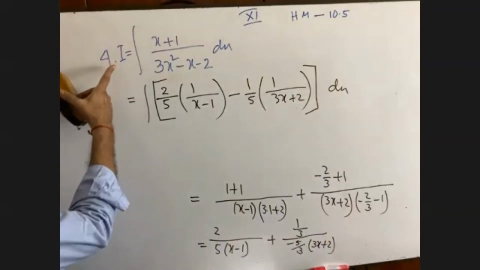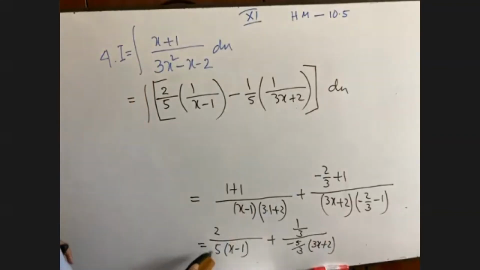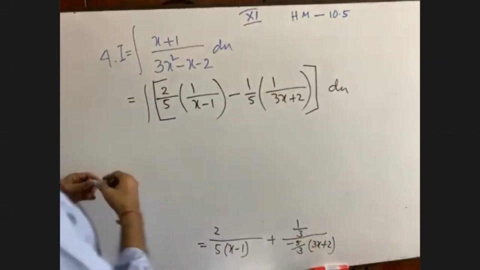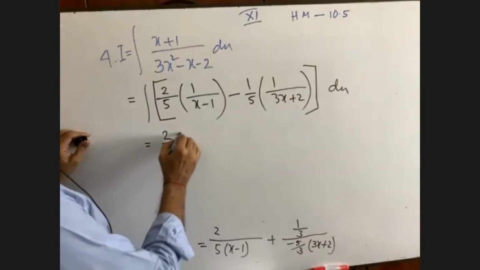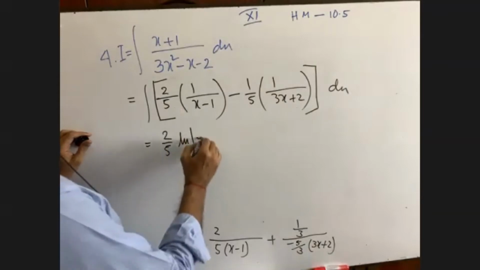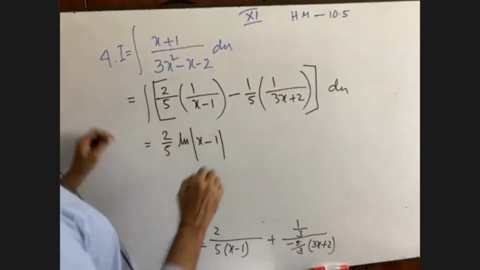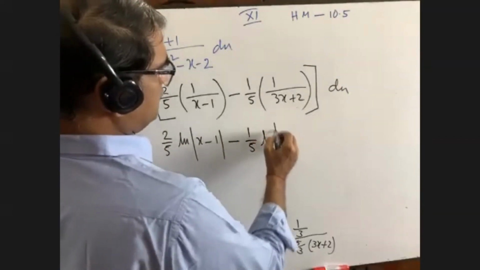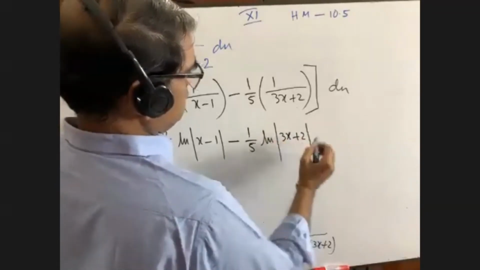I am going to put the value of I here. Now it is 2 by 5 ln x minus 1. It is minus 1 by 5 ln 3x plus 2.